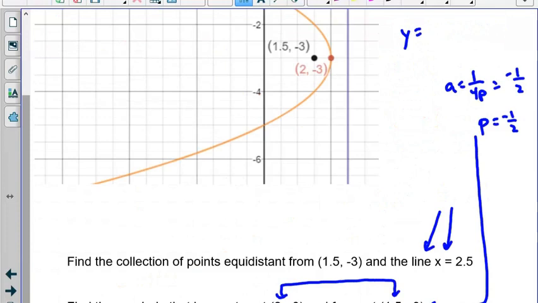We can then write the equation as x, because it opens in the x direction, x equals negative 1/2, we got that from a, times (y minus 2) squared minus 3. Sorry about that, I wrote that backwards. (y plus 3) squared plus 2. So that's kind of doing it the other way.